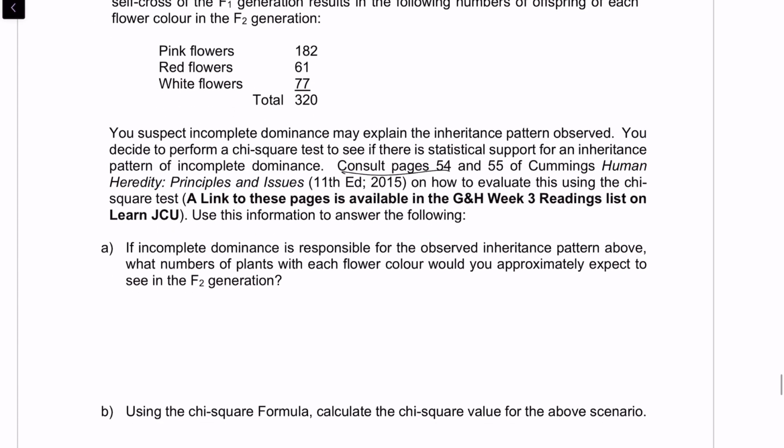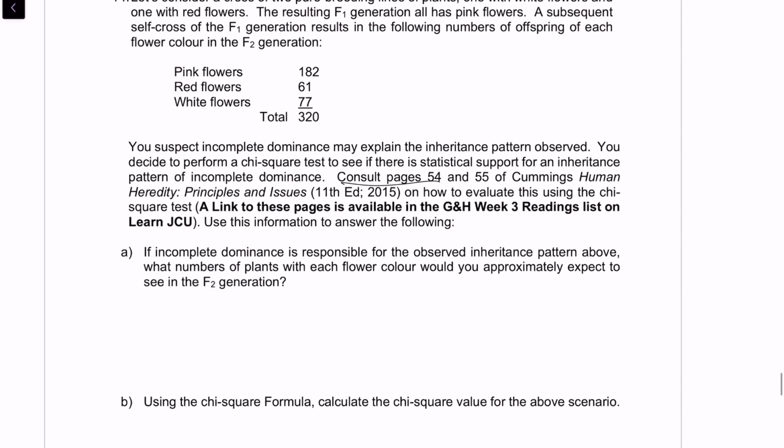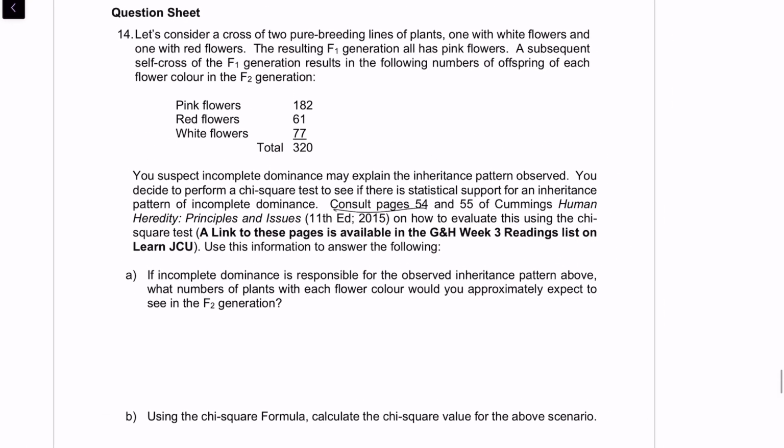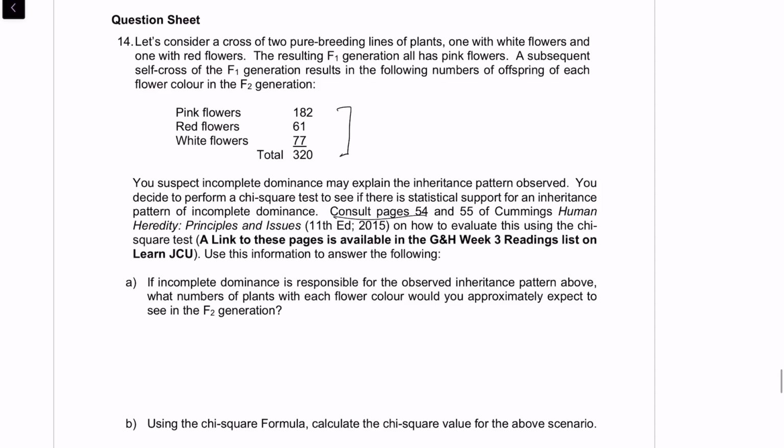All right. So if incomplete dominance is responsible for the observed inheritance pattern above, what numbers of plants with each flower would you approximately expect to see in the F2 generation? Okay, so note that this is our observed values, all right? But now we're trying to find the expected values.